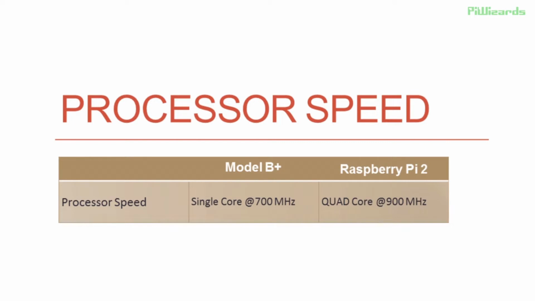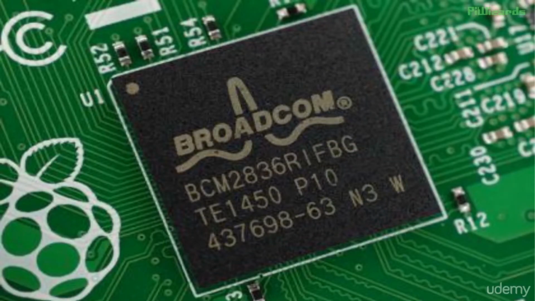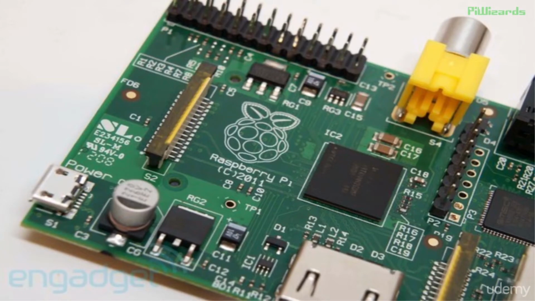So it is quite clear that the Pi 2 quad core running at 900 MHz is a beast in comparison. By having the next step up in Broadcom's chip range, the Pi 2's BCM2836 chip can push out Broadcom VideoCore 4 technology at 250 MHz and has a 1080p decoder and encoder.